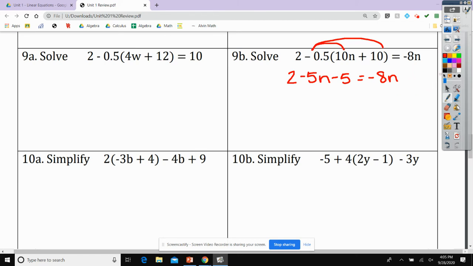So I need to combine like terms, which I have 2 and -5n on this side. So I'd end up with -3n. 2 minus 5 is -3. And that's going to equal -8n. Now we need my variables on the same side. So I'll add 5n to both sides.